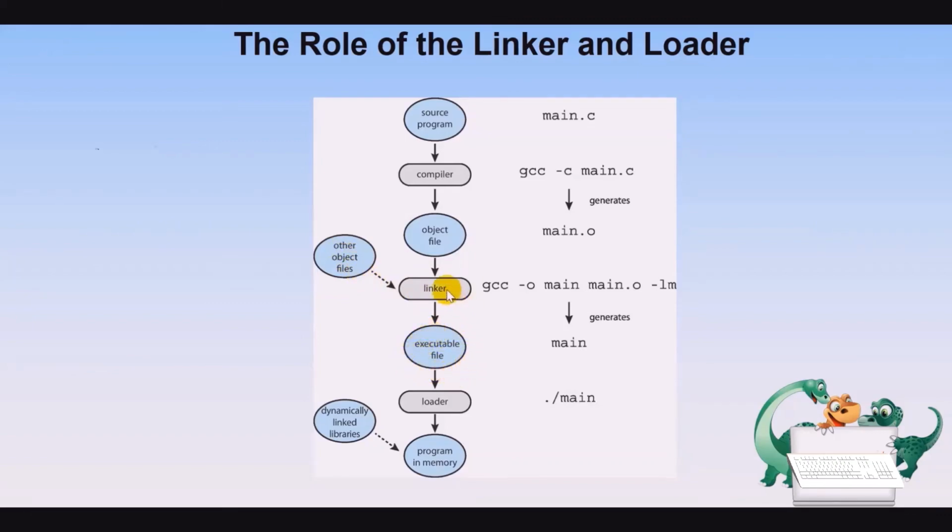So the compiler goes from source to object file, and the linker goes from object file to executable file, and if there are other object files, those would be linked up also. Then the executable file is loaded onto the RAM for execution, calling other dynamically linked libraries, or DLLs, and that is where the loader comes in. Basically, we don't care about this during our early days in programming. What we want to see is just that our code or our program is successfully running.